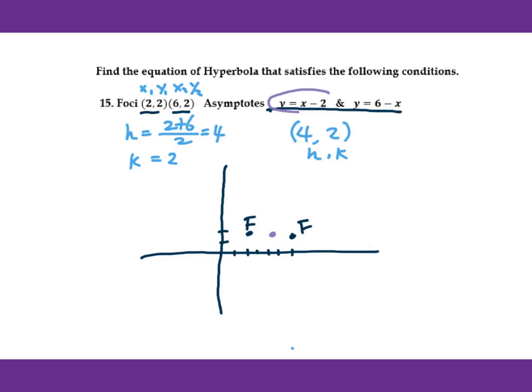How to sketch these two asymptote lines? You will get the x-intercepts. X-intercept is 2, 0. For this one, it's 6, 0.